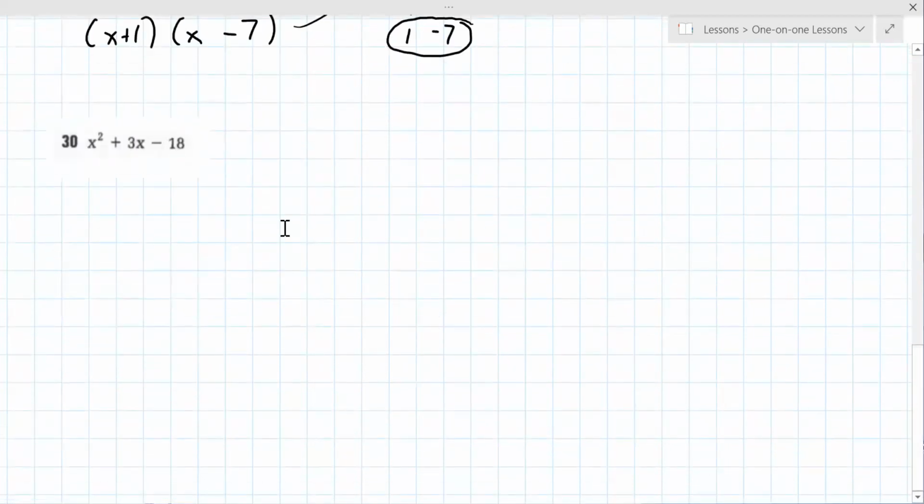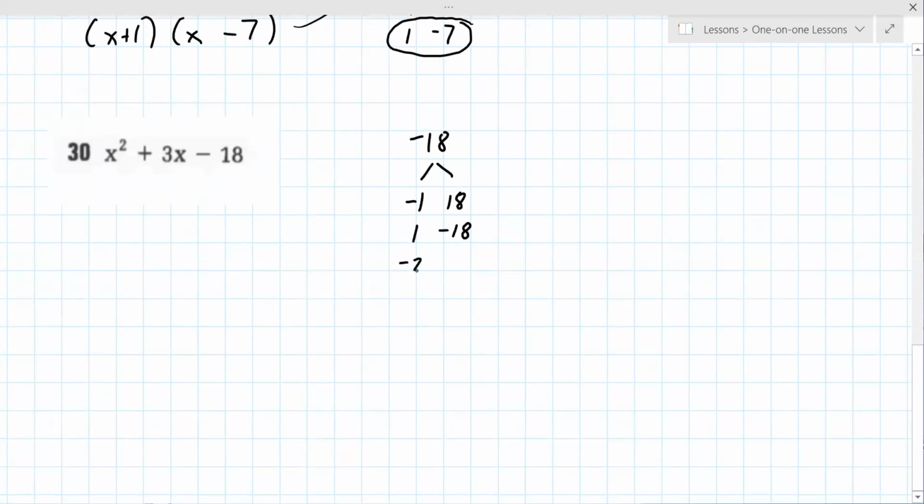This one, you're factoring x squared plus 3x minus 18. So two numbers that multiply to -18. There's quite a few options here. -1 times 18, 1 times -18, -2 times 9, 2 times -9, -3 times 6, 3 times -6. I like to write them all.